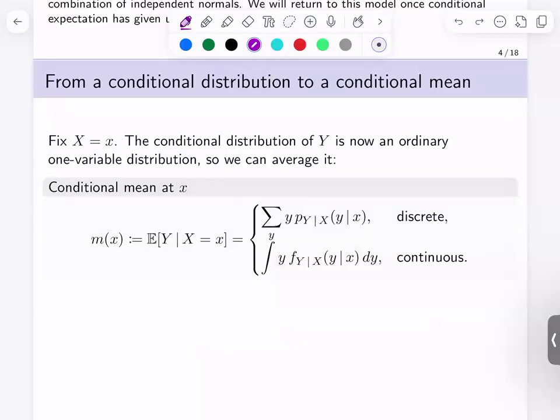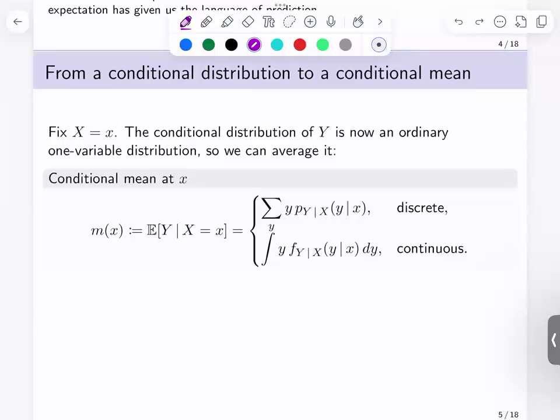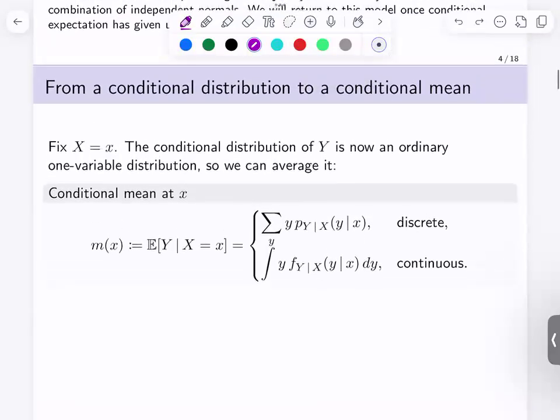Okay, so that concludes the discussion of dependence and joint distributions for now. We also talked about conditional distributions, if you recall. If you go back to the previous lecture, we discussed what this means.